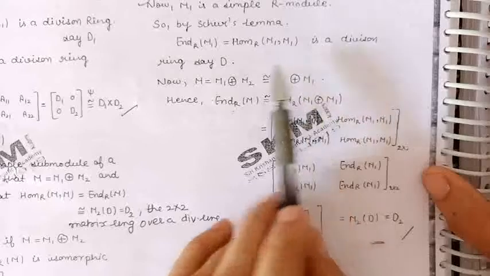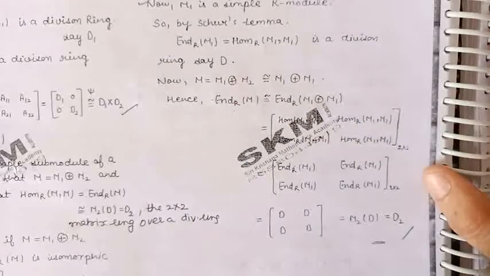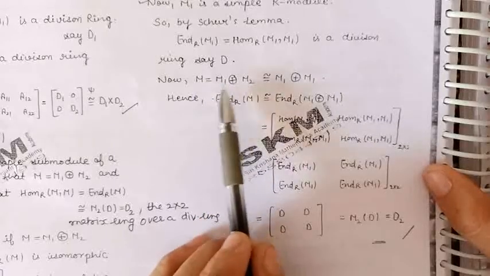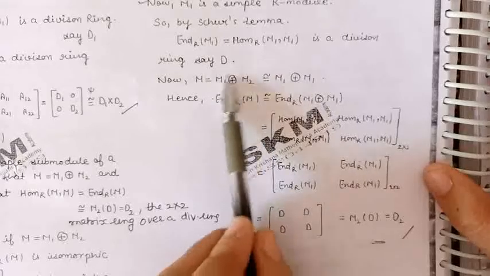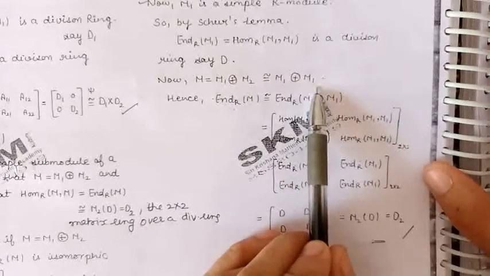Let us denote this division ring by D. Now, because M is the direct sum of modules M1 and M2, and because M2 is isomorphic to M1, this will be isomorphic to M1 direct sum M1.